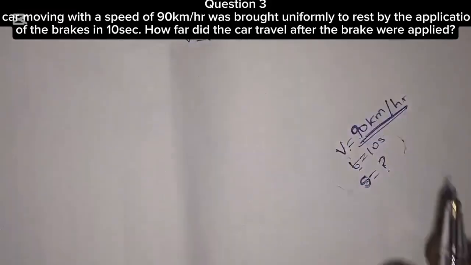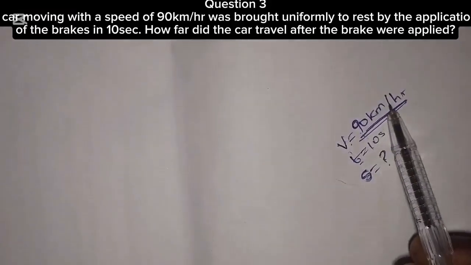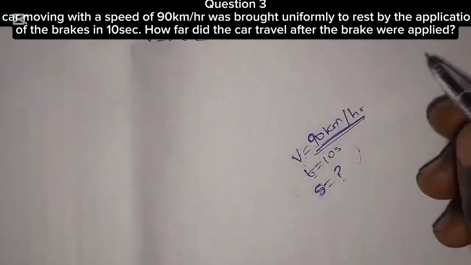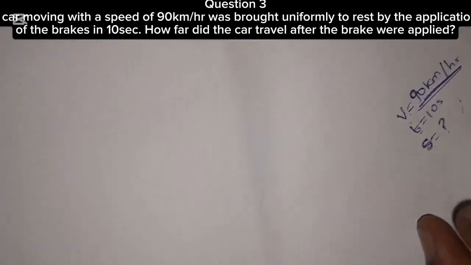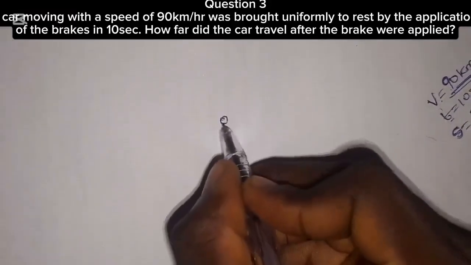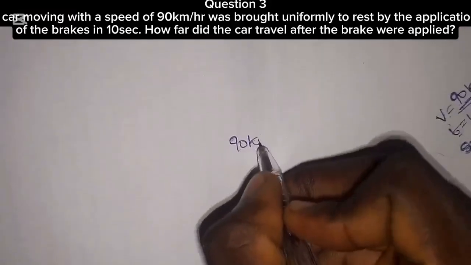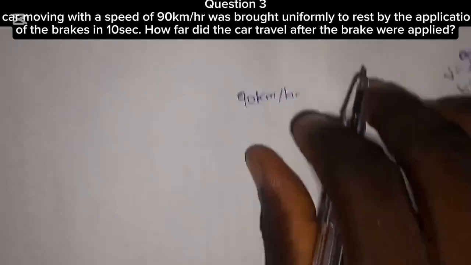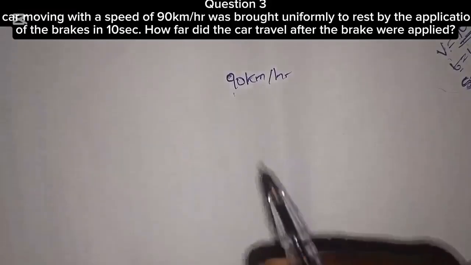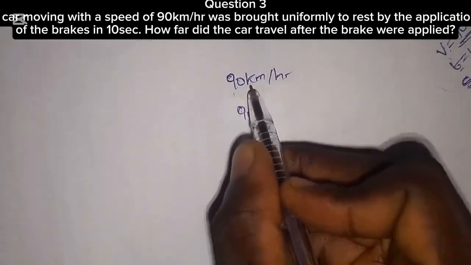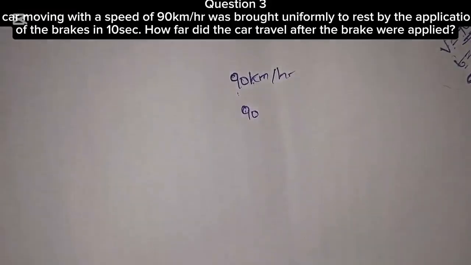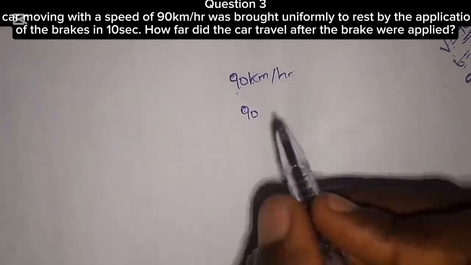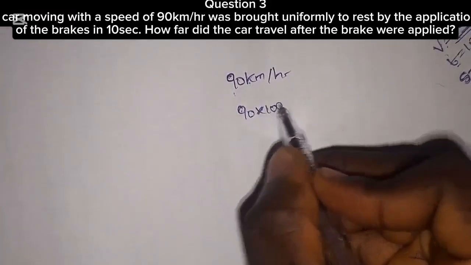Now, how can you convert from kilometer per hour to meter per second? It's very easy. Now let me show you. Since we have 90 kilometers per hour, just put 90 here. Kilo means 1000, so multiply by 1000, with meter remaining.